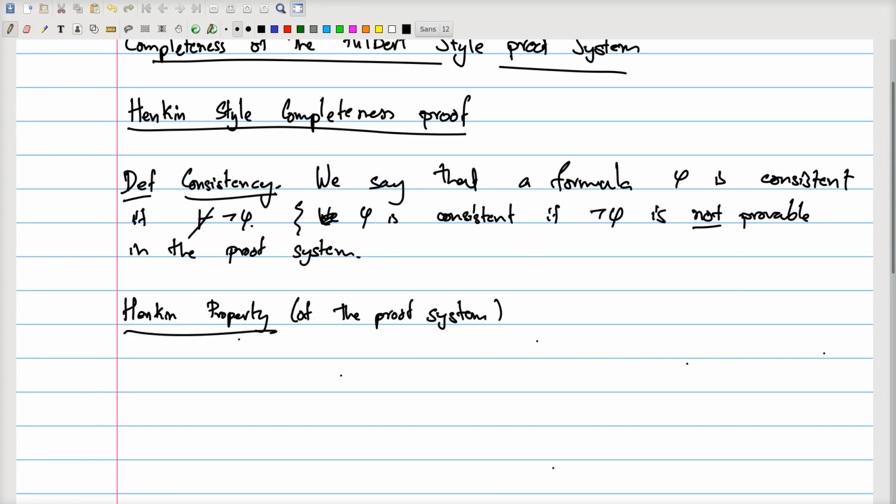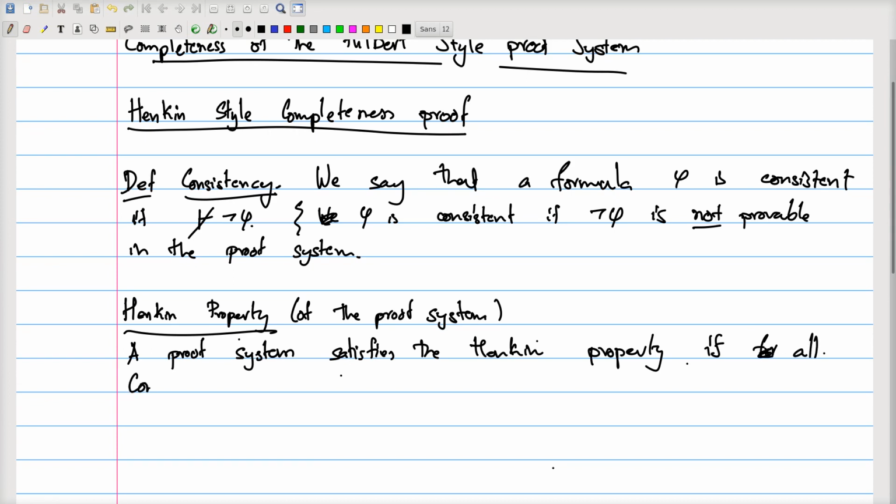A proof system satisfies the Henkin property if for all consistent formula, the property is satisfied. Okay, what do we mean by that?